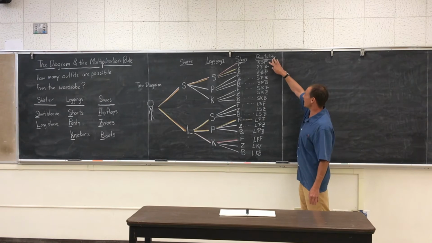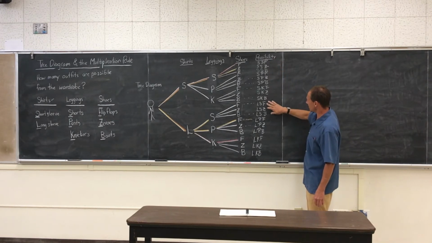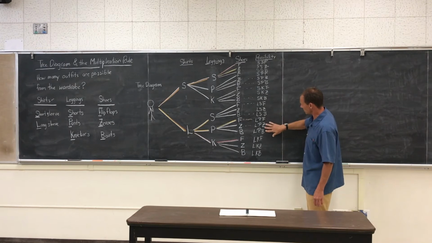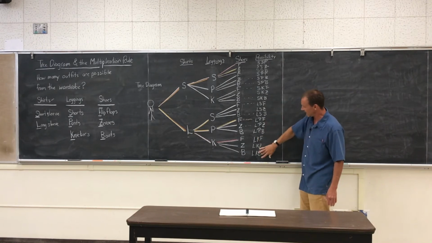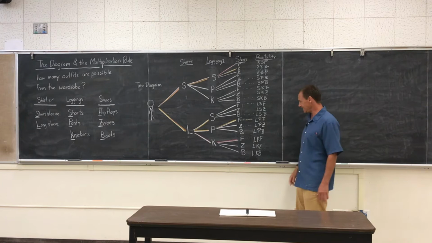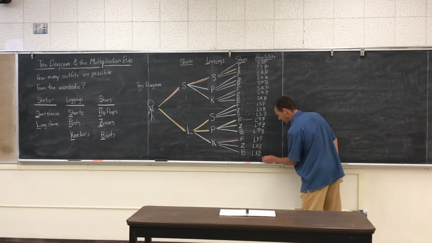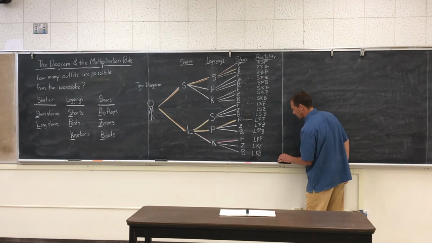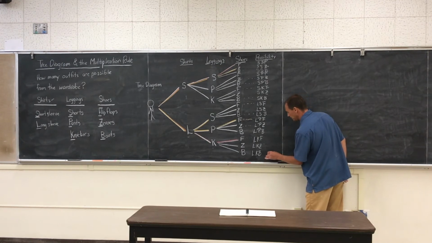If I count all these up, 1, 2, 3, 4, 5, 6, 7, 8, 9, 10, 11, 12, 13, 14, 15, 16, 17, 18. There are 18 different outfits. So, for the sake of making this bigger, I'm going to write an 18 down here.